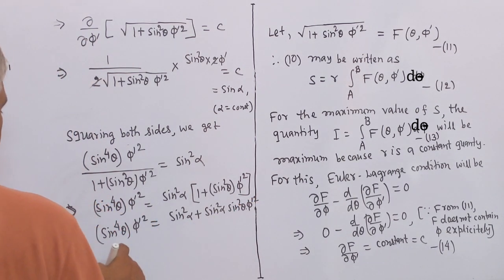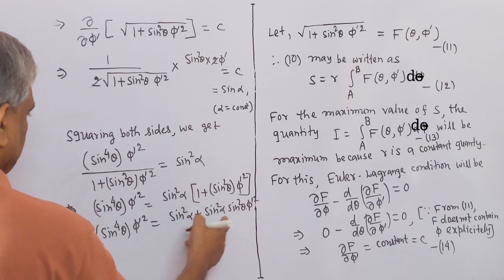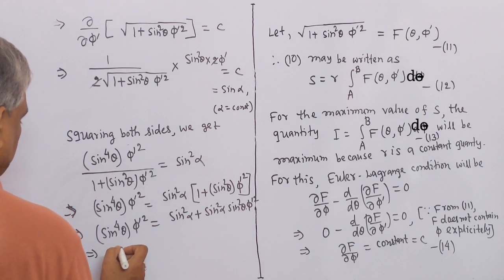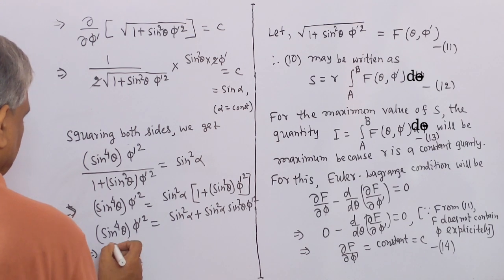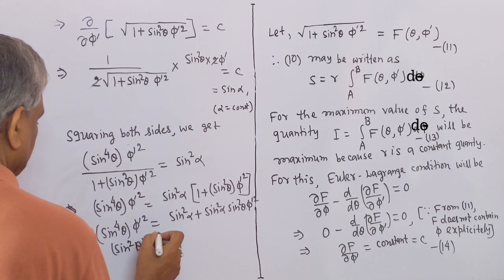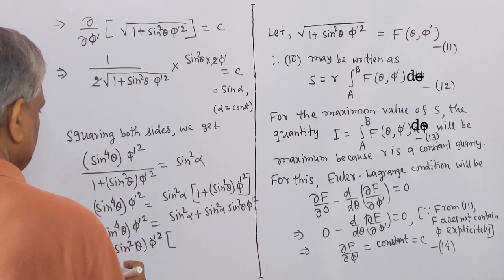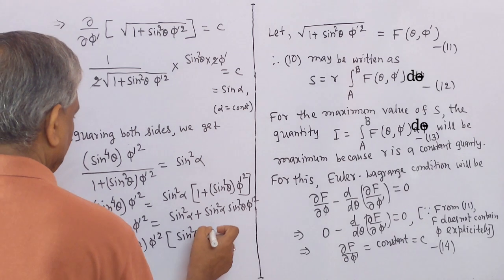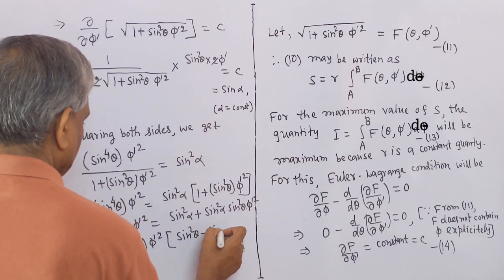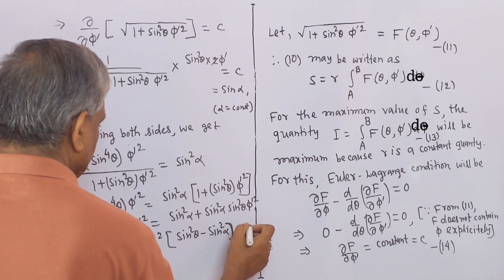We take this to the left side. In the left side we take common sin square theta phi prime square. Here remains sin square theta minus sin square alpha, and right side sin square alpha.